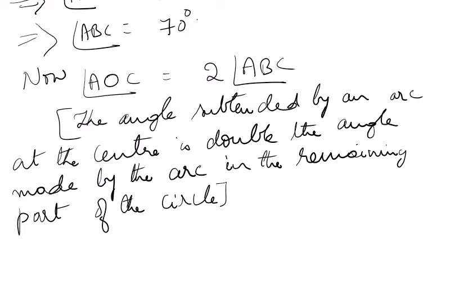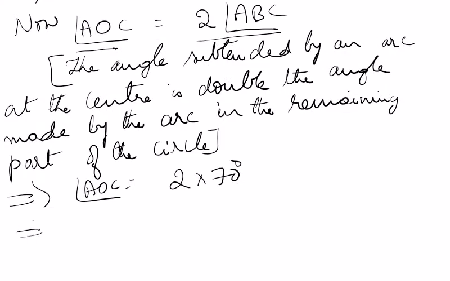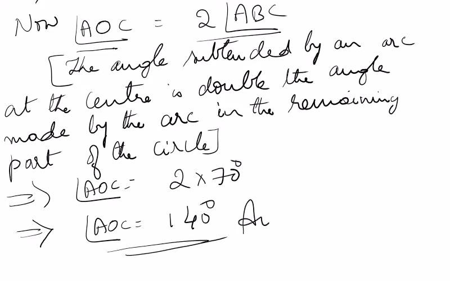So as per this theorem, the angle at the center is angle AOC, and that is twice the angle ABC, which is in the remaining part of the circle. So this implies angle AOC is equal to 2 into 70 degrees, because angle ABC is 70 degrees. So this implies angle AOC is equal to 140 degrees. So that is the answer.